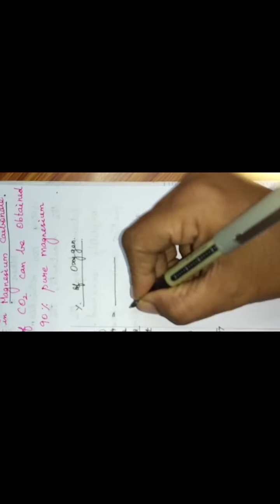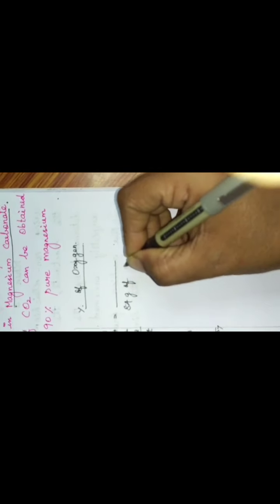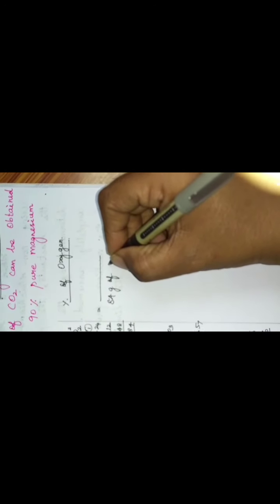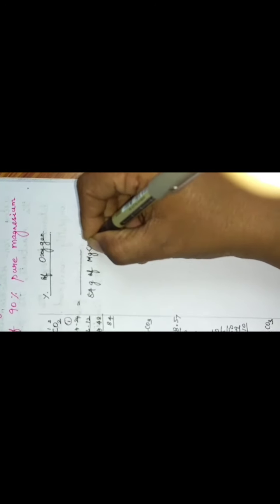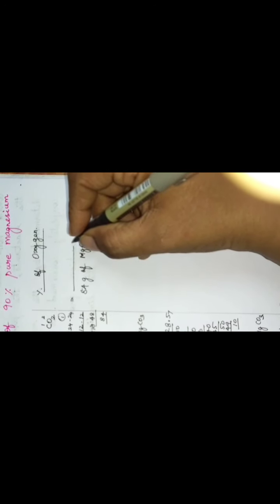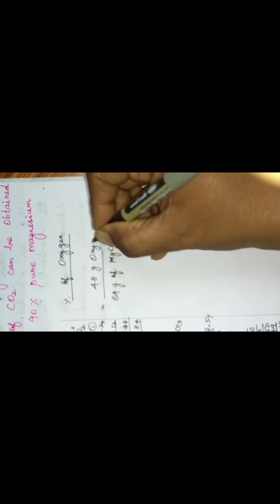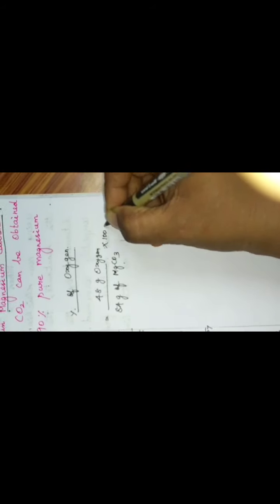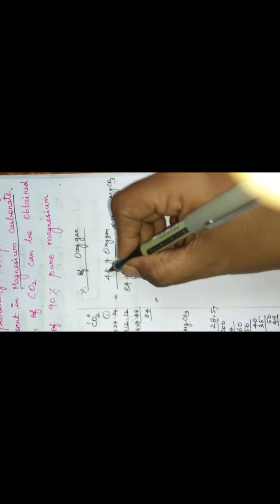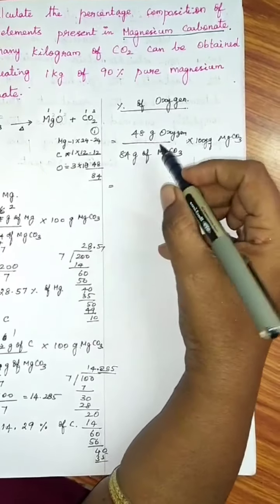Okay, the next one is the percentage of oxygen. 84 gram of magnesium carbonate contains 48 gram of oxygen, so for 100 gram of magnesium carbonate, this is the percentage of oxygen.